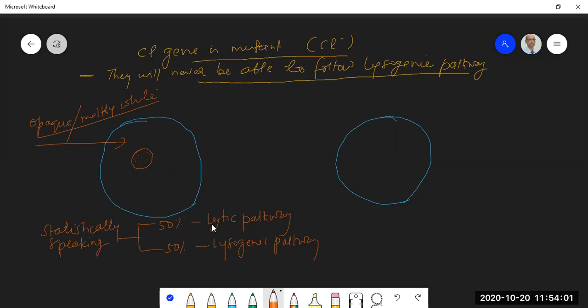Where the bacteriophage has undergone the lytic pathway, those bacterial cells have been lysed, and you see them as clear zones.